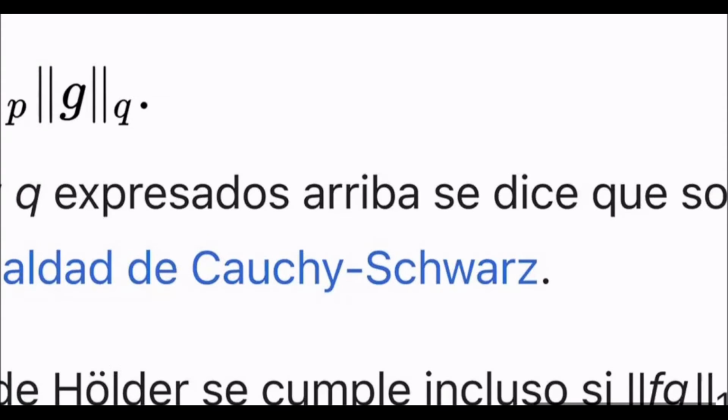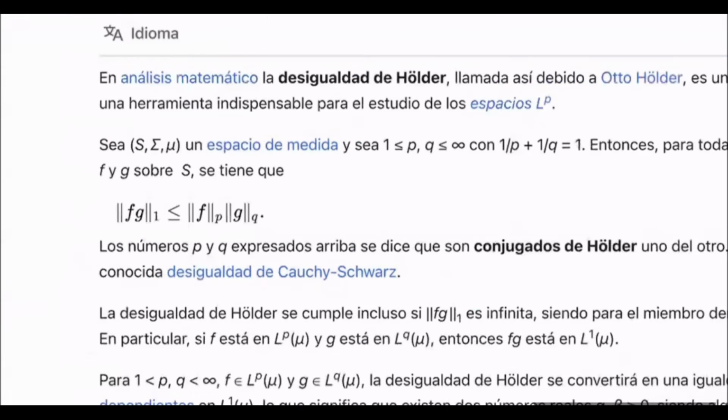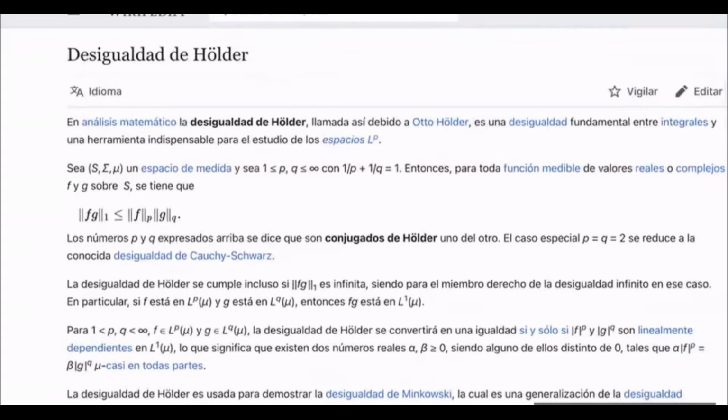Cauchy-Bunyakovsky-Schwarz. Fun fact about this inequality is that it depends on the country where you're studying it whether it is called the inequality of Cauchy, of Bunyakovsky, or of Schwarz.